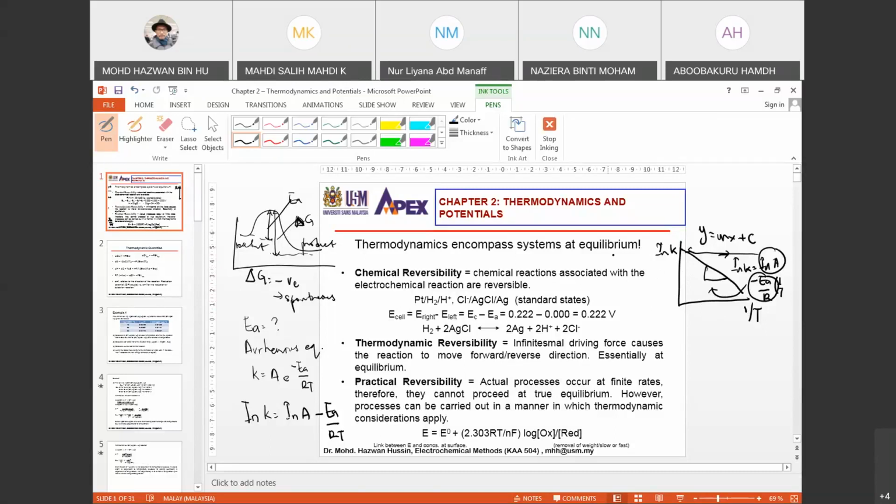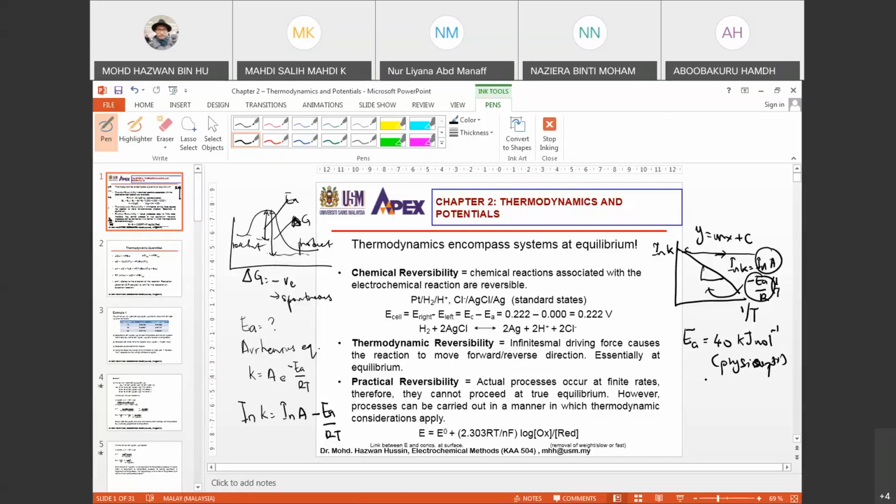But sometimes activation energy can be used to relate to the mode of the process, because imagine that if the Ea value is around 40 kilojoule per mole and below, this will always be related with physical adsorption.